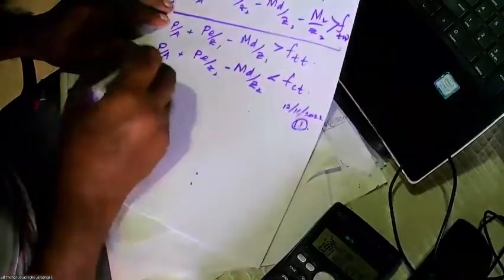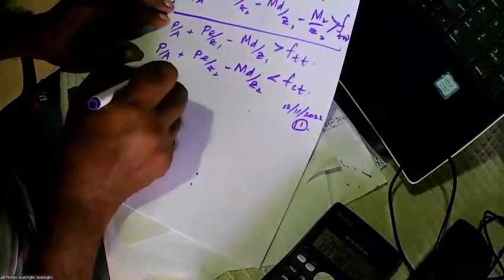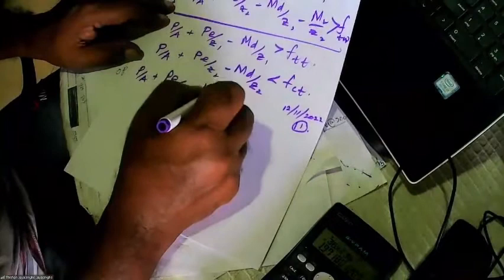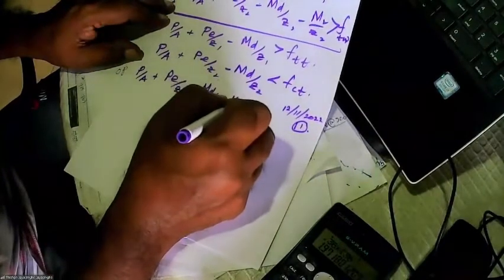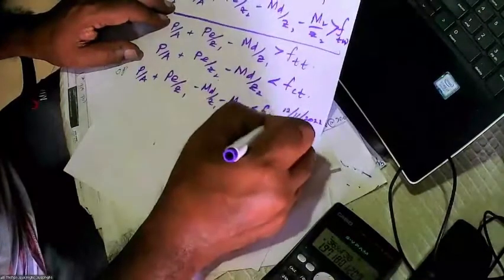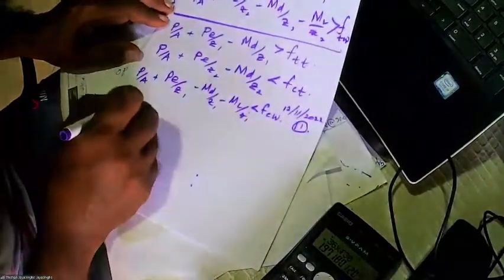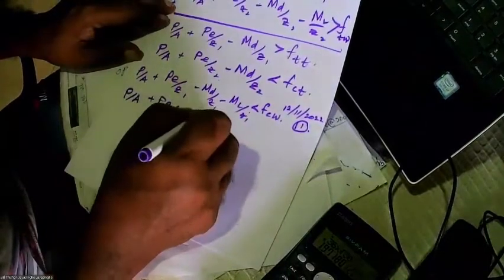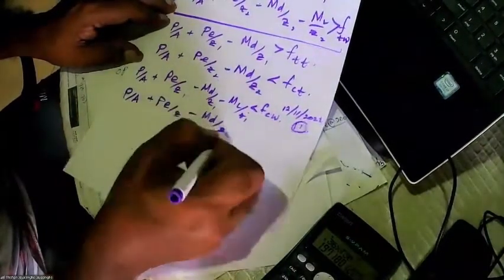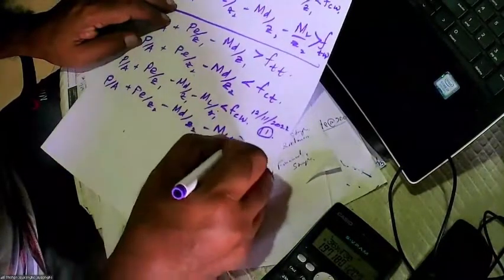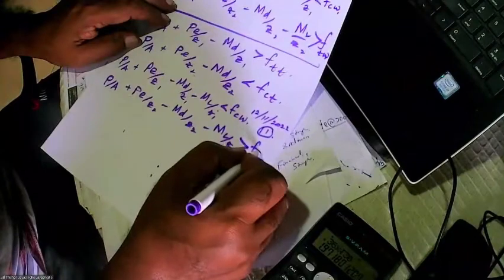P over A, P over Z1, D over Z1 and L over Z1 less than FCW, P over A, P over Z2 and D over Z2 and L over Z2 greater than FTW.